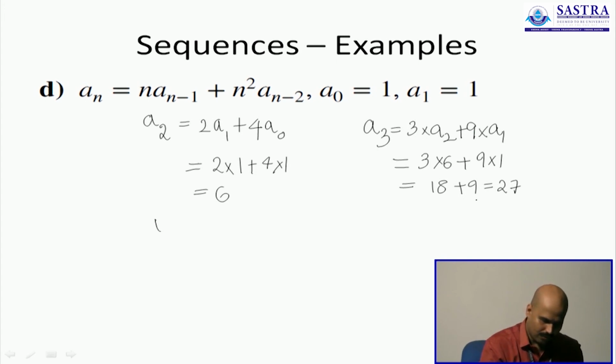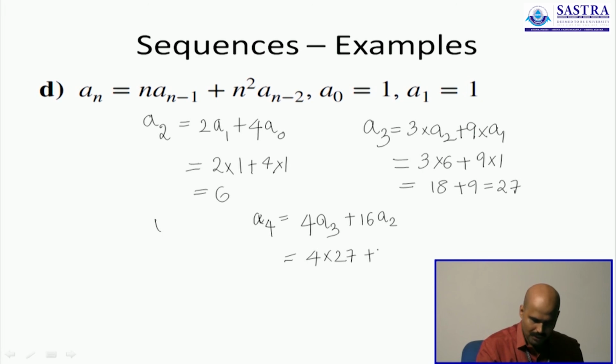Similarly, A4 is going to be 4 times A3 plus 16 times A2, which is 4 times 27 plus 16 times 6, that is 108 plus 96, that is 204.